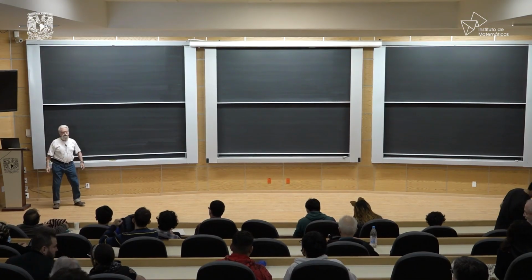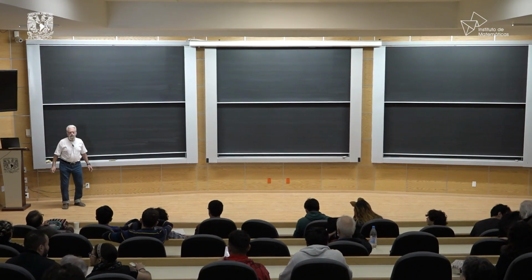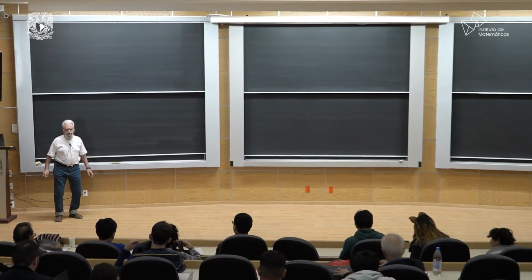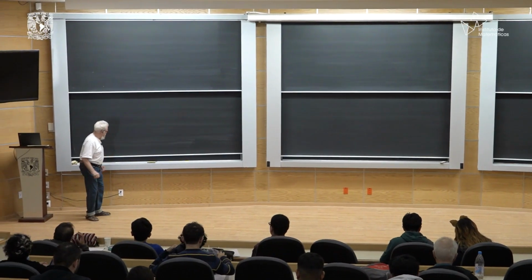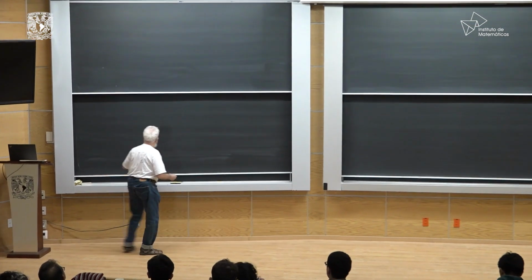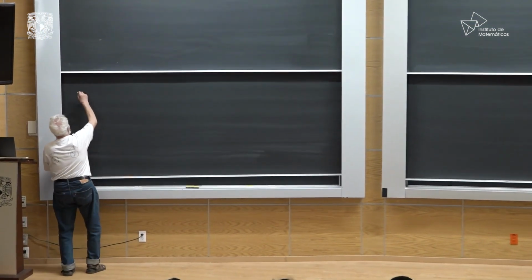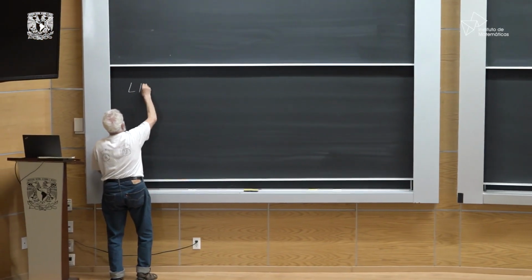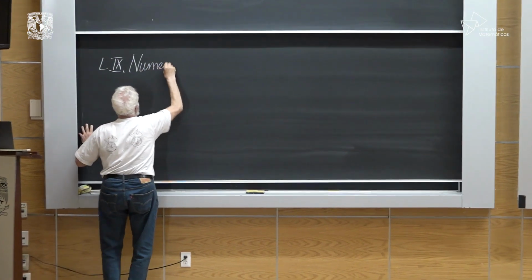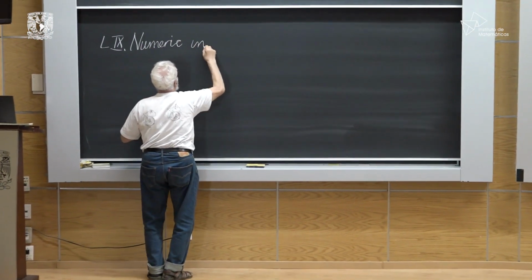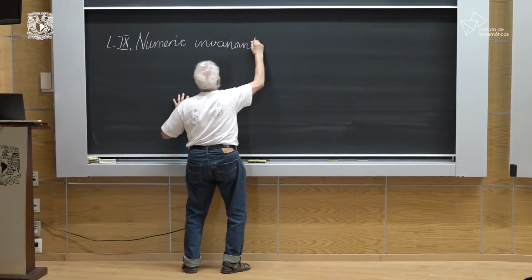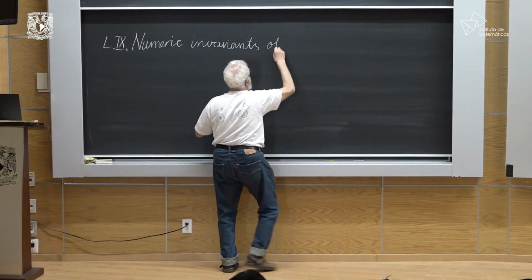In the last lecture, I explained what sparkling saddle connections are. I will recall that now, and they give rise to what will be the subject of the lecture today, numeric invariance of generic families.